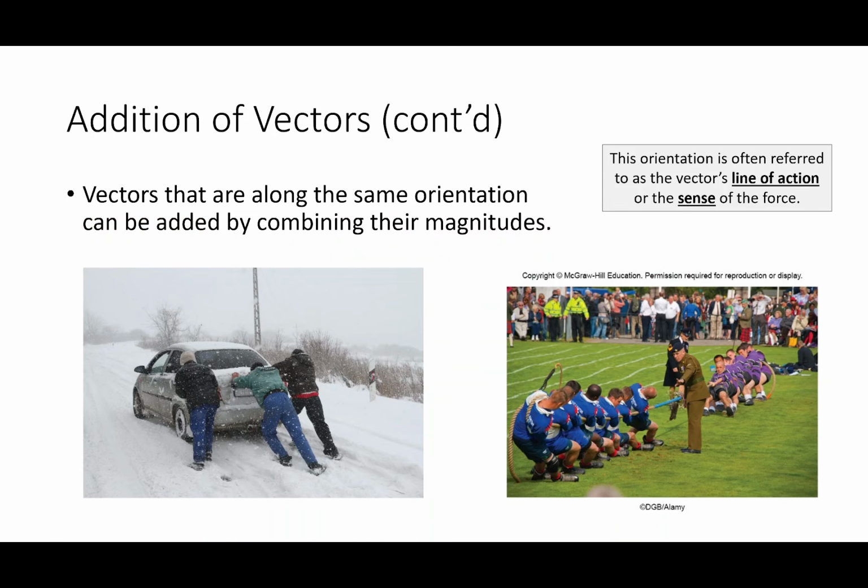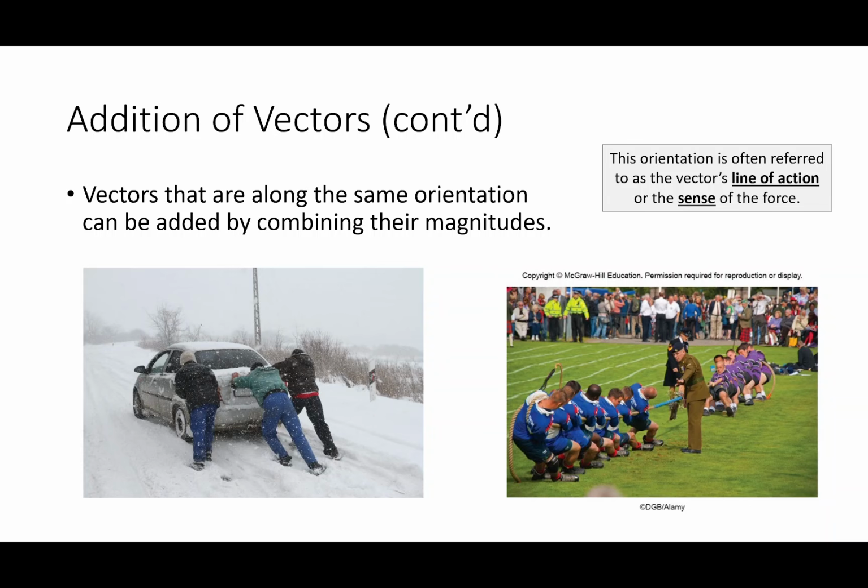All right, a couple rules about this, which I think should make sense. If we have vectors that are along the same direction, all acting the same way and through the same point, we can combine them by just adding their magnitudes. For example, let's take a look at this tug of war competition on the bottom right.